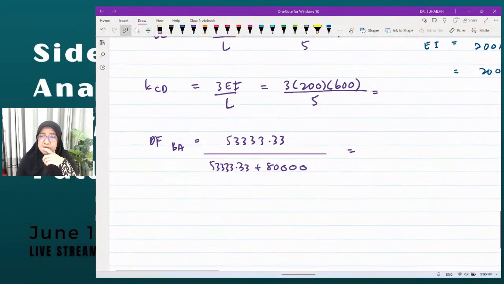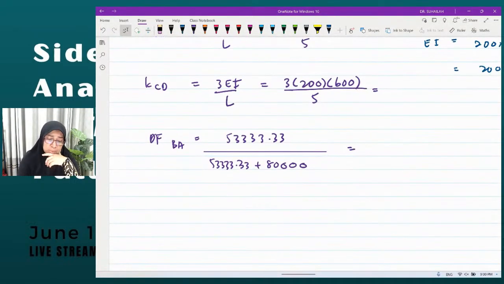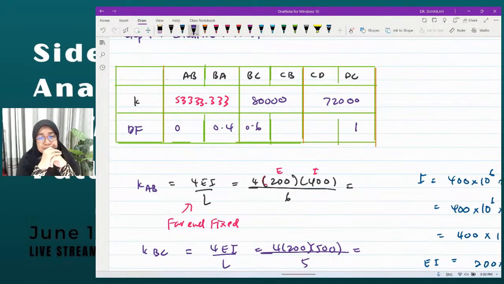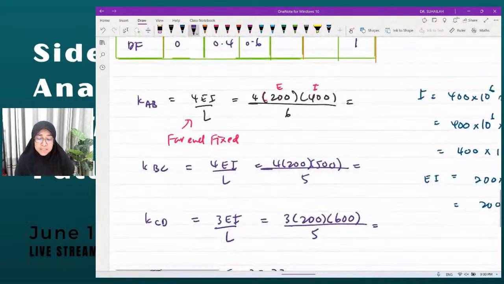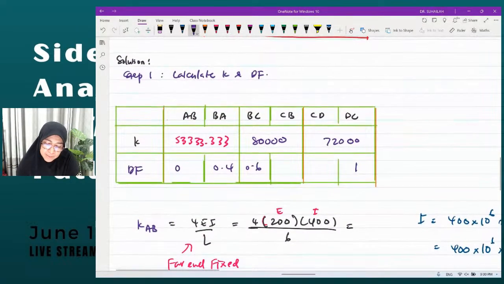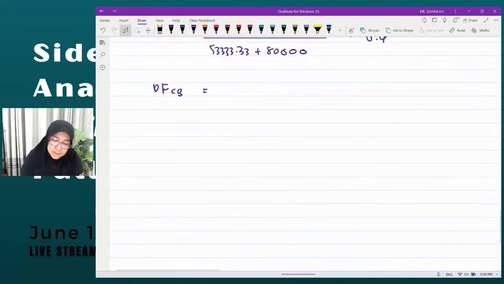Okay, what is the answer for this? 0.4. So if this is 0.4, another one will be 0.6. Okay, next one is 80,000. DFCB, 80,000.